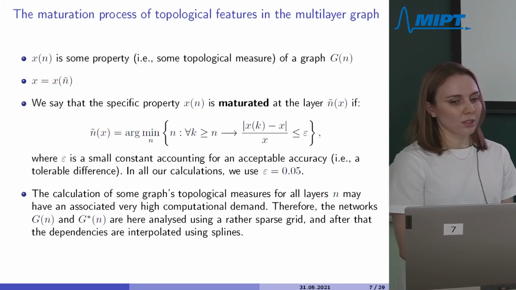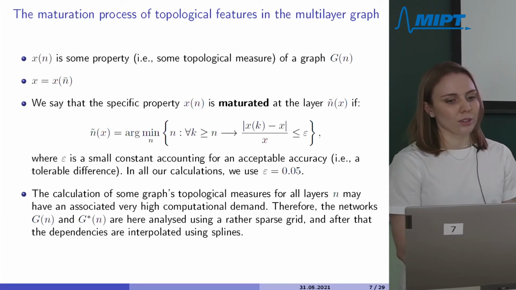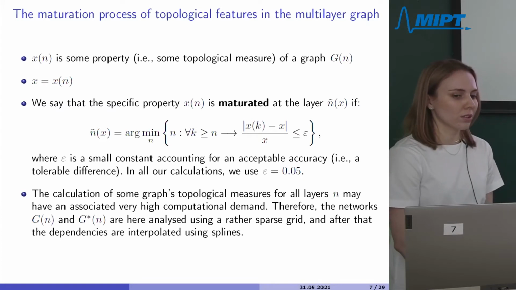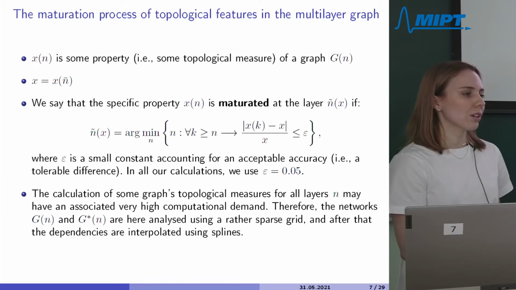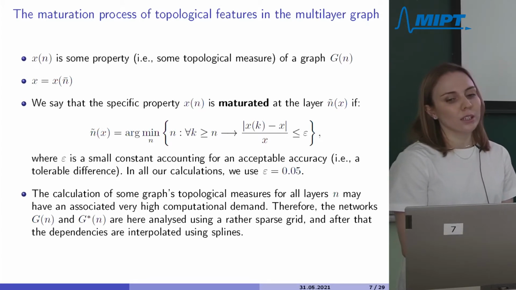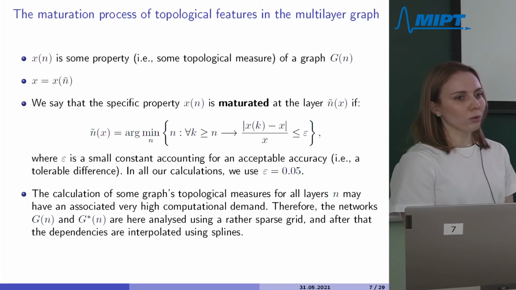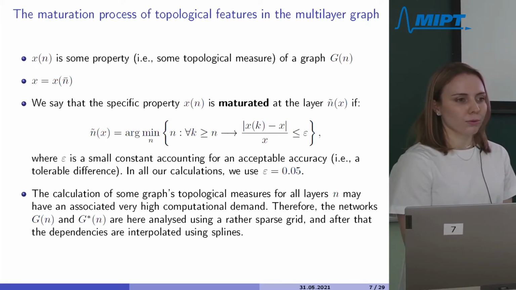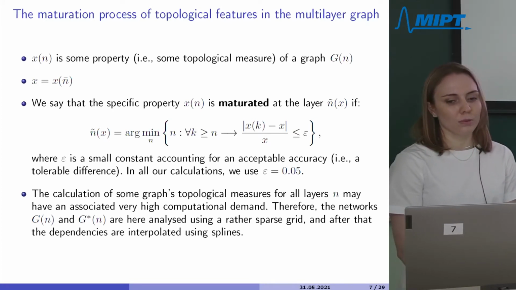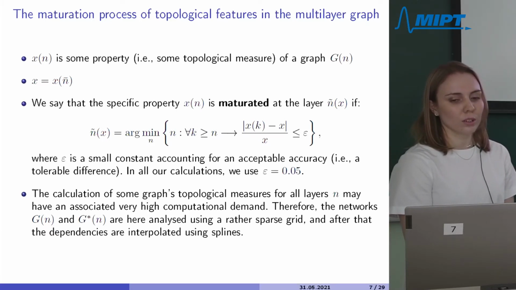We say that some property matures on level ñ if, starting from this level, its value deviates from the value in the whole graph by no more than some small number, epsilon, and here we fixed this number at the level of 5%.